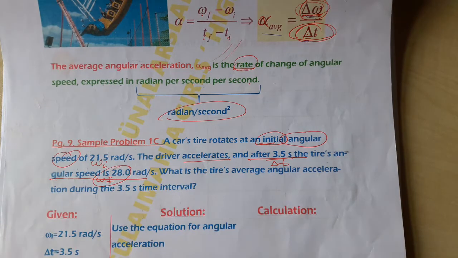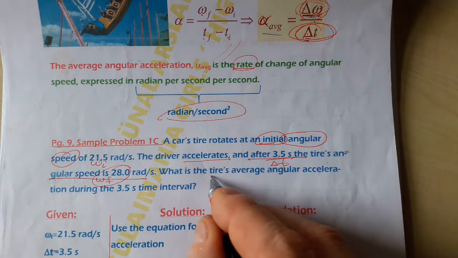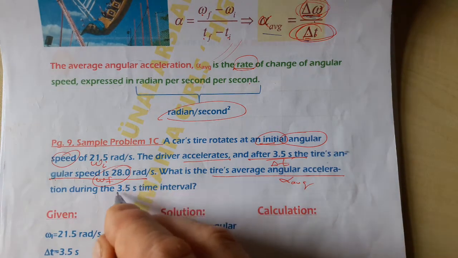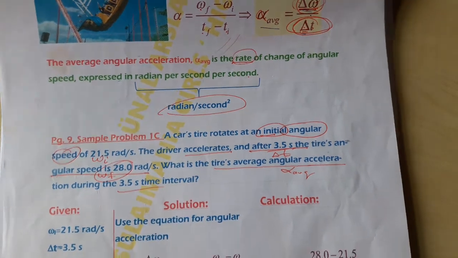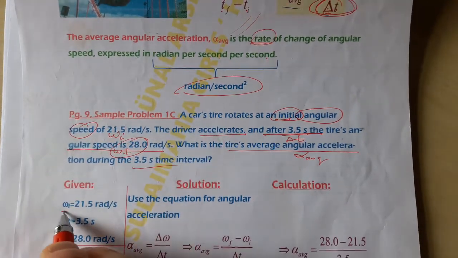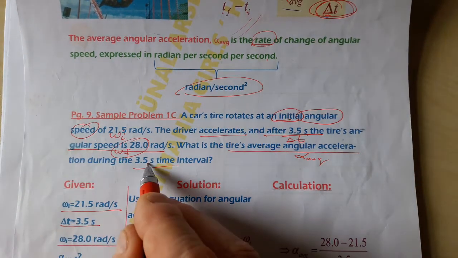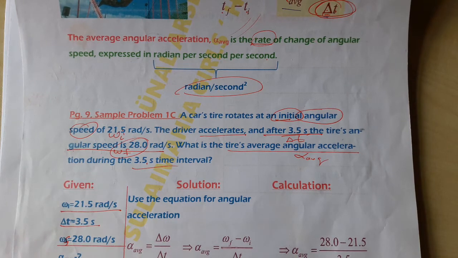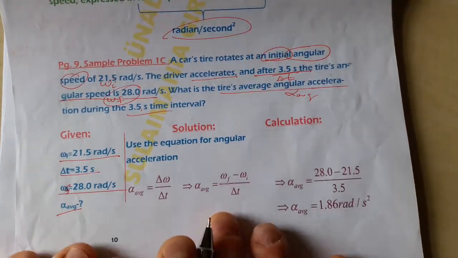Final angular speed is 28 radians per second. What is the tire's average angular acceleration? Calculate alpha average during this 3.5 second time interval. We said its time interval is 3.5 seconds. So initial angular speed is 21.5. Final angular speed is 28 radians per second. Calculate the average angular acceleration.